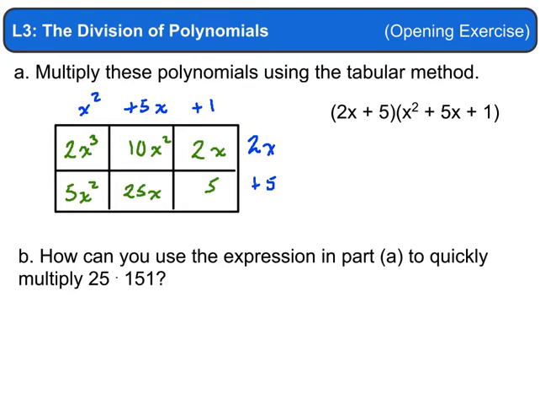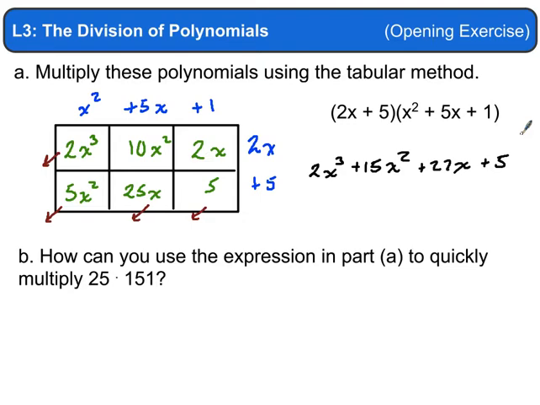So if we add the like terms, remember, if the box is set up correctly, the like terms will show up in diagonals, and then we get our final answer of 2x to the third, and then we add these two like terms, we get 15x squared. 25 plus 2 is 27x, and then we have a plus 5 here on the side.